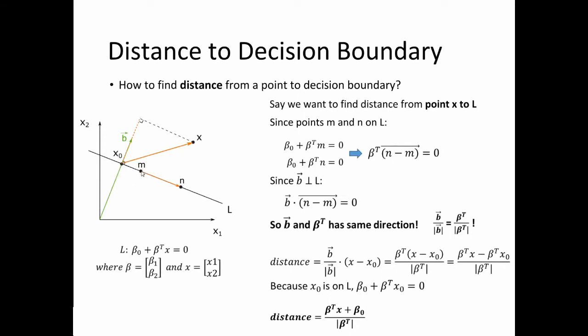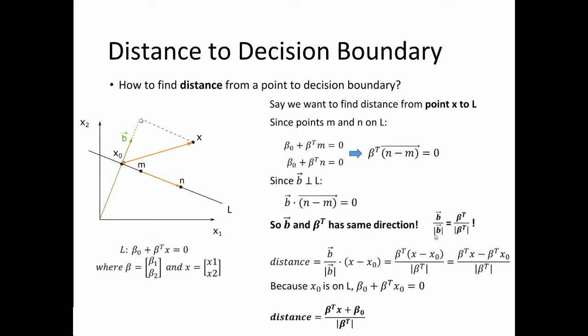Either way, it will be perpendicular to this vector here, right? But it doesn't matter because we can always multiply this expression by -1. It will still hold true. And if we do that, this beta transpose will just be opposite. In other words, we can always make beta transpose the same direction as B. If we divide them by their length, what we get is the unit vector in their direction, and they should be equal to each other.